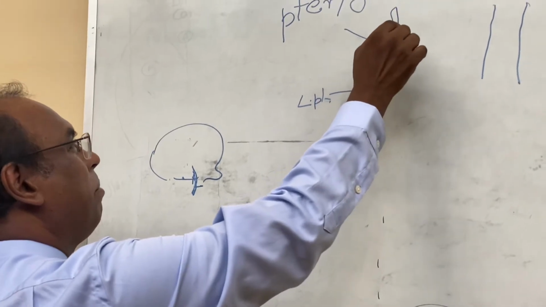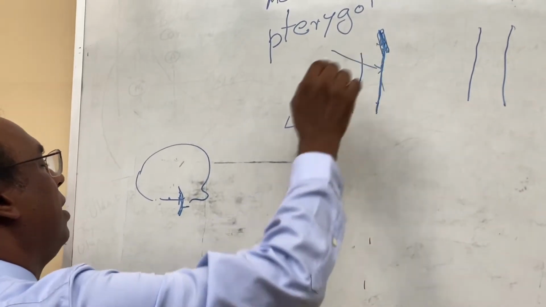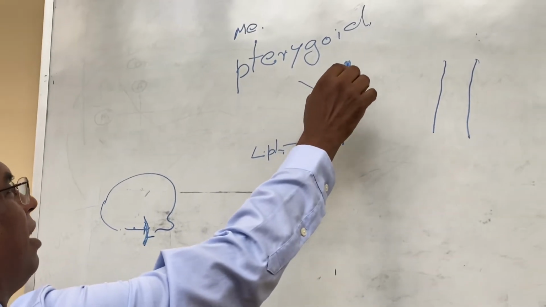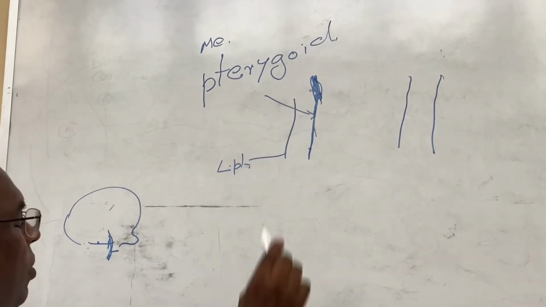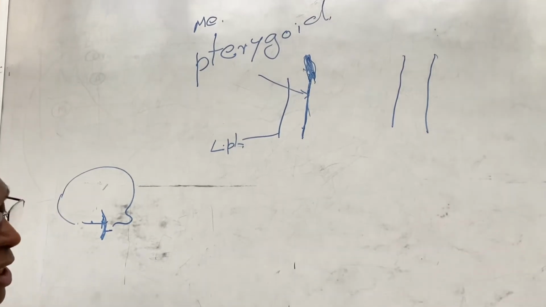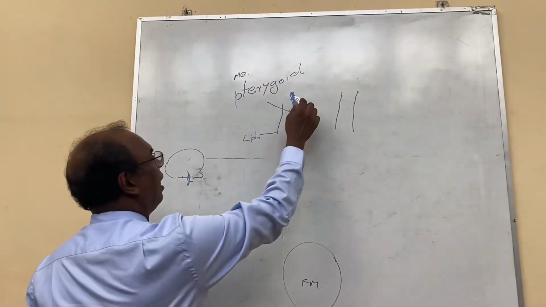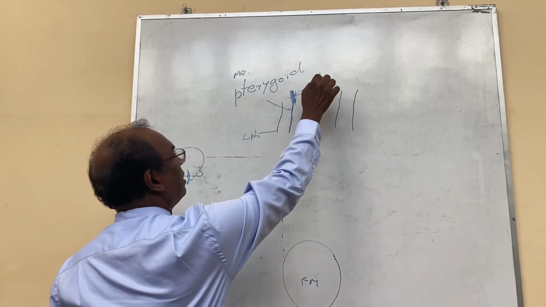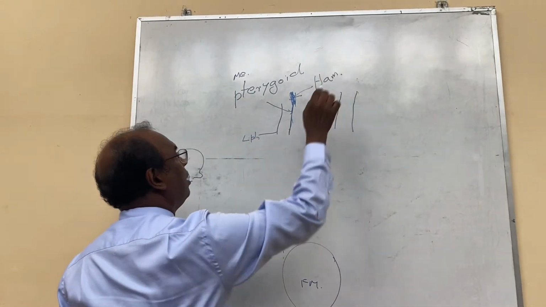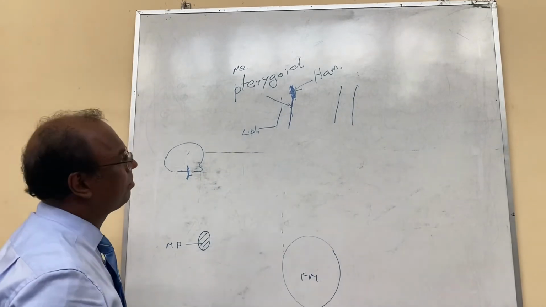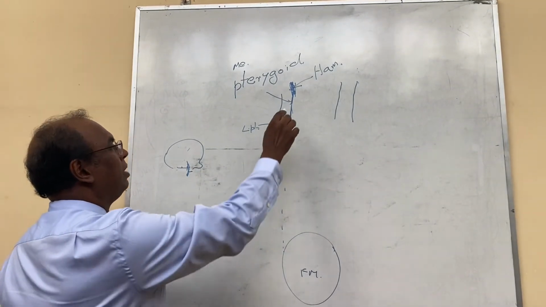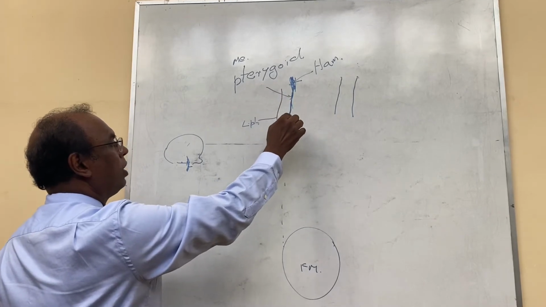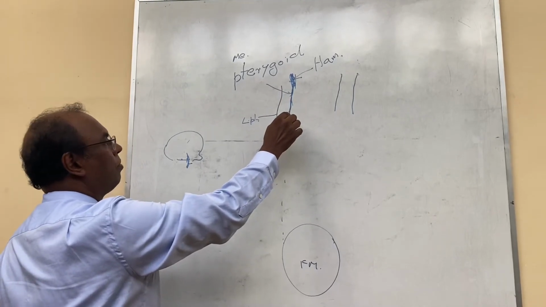Then it ends up with a small, how do you call it? Like a rod. It's in the medial pterygoid plate, and that place is called pterygoid hamulus. So pterygoid hamulus, medial pterygoid plate, and you can go to the base of the skull.